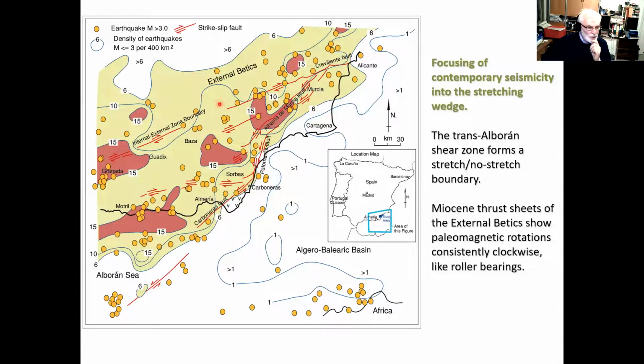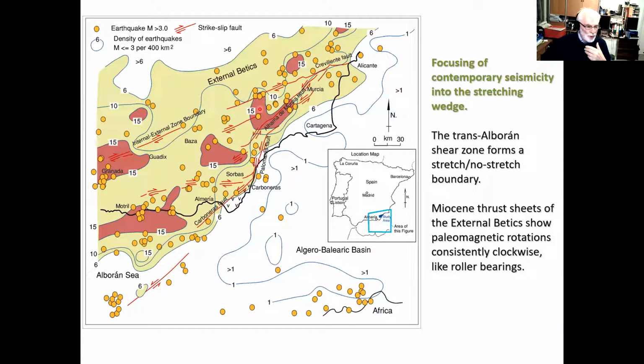This is at the right-hand edge of that wedge. This is one of these bounding faults. It's the right lateral fault. It's called the internal external zone boundary, and this is the Transalbaran shear zone, which is made of a number of fault segments which have got different names onshore. Inevitably, different people give different names to parts of the faults, but the overall shear zone, I've tended to work on this bit around here.